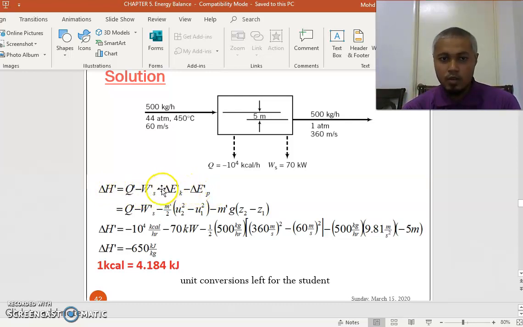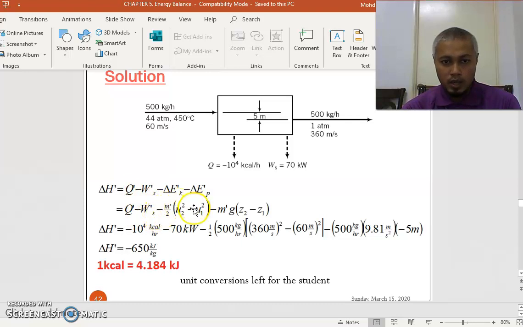Previously we have delta H plus delta EK plus delta EP. For this part, since we have minus work done by the system on the surroundings, that's why we have this negative sign.